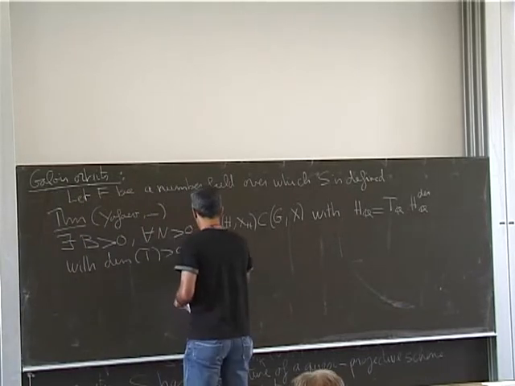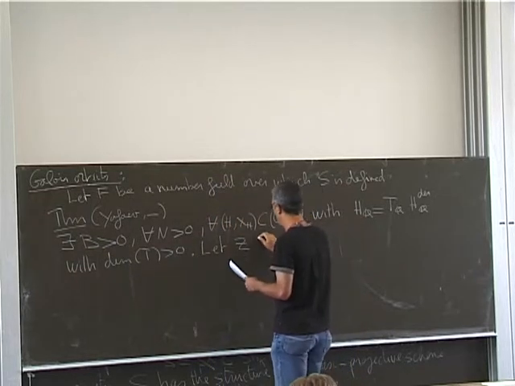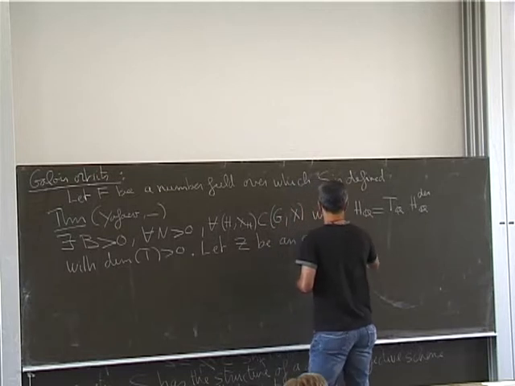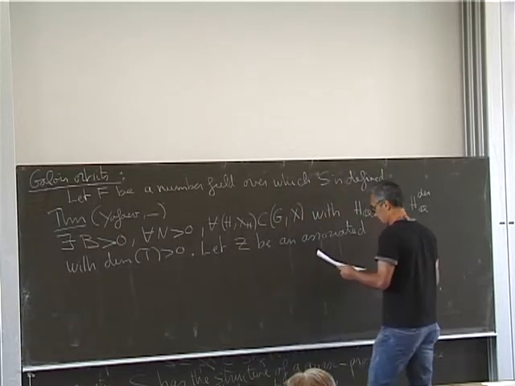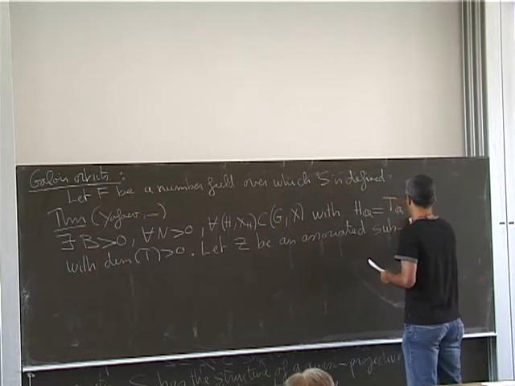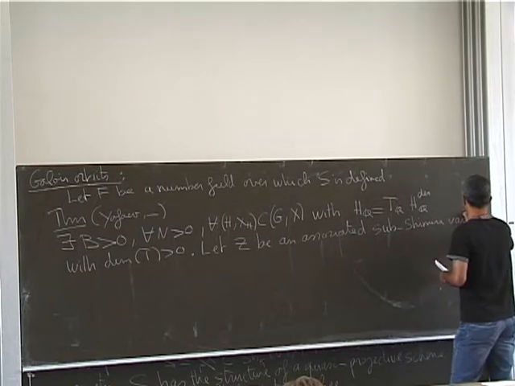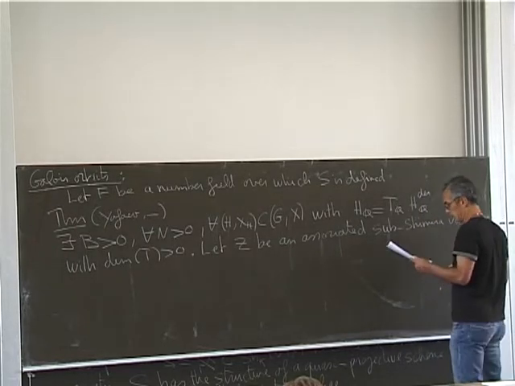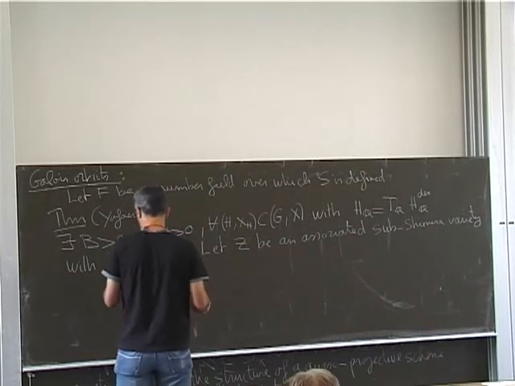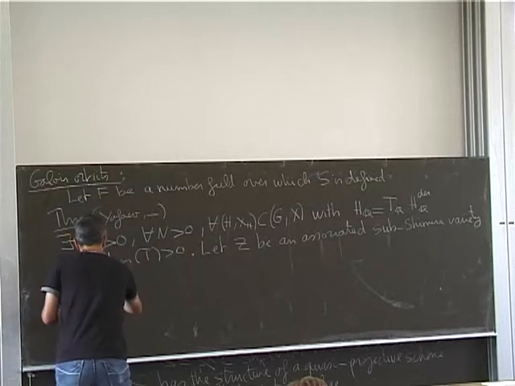Now, let Z be an associated sub-Shimura variety inside S. Then the statement is the following.